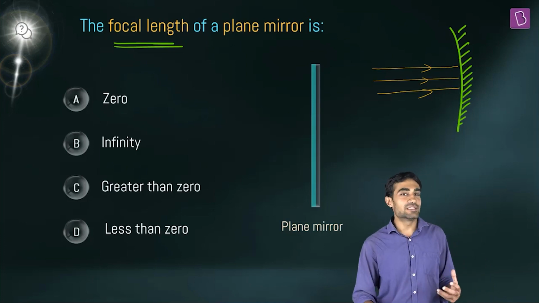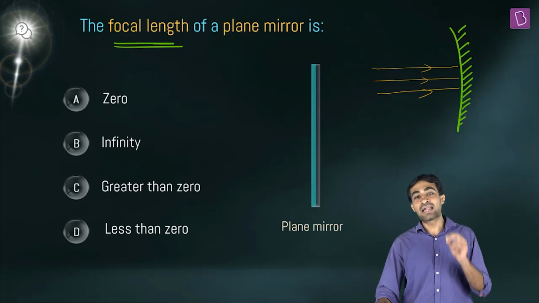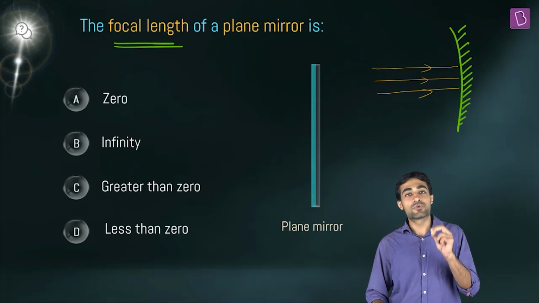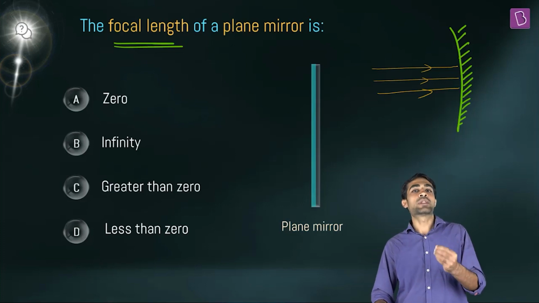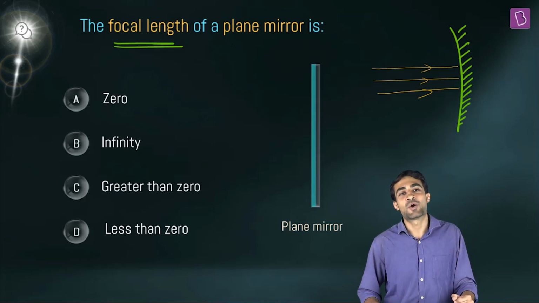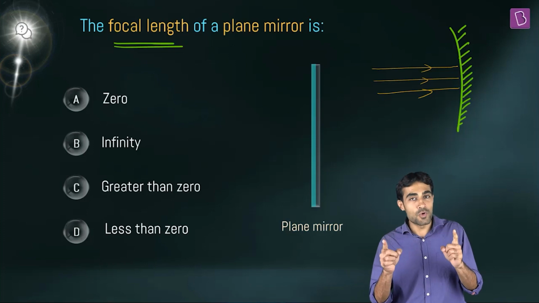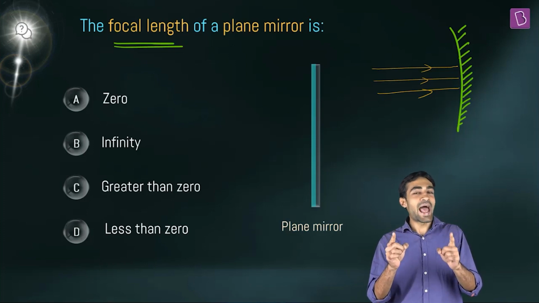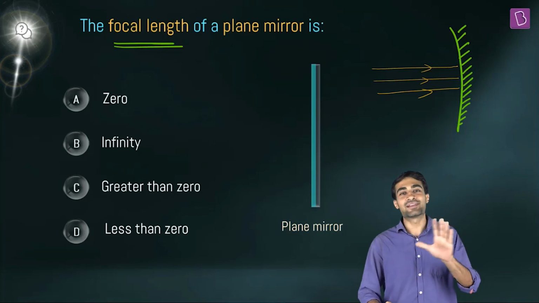After reflection, they might meet or appear to meet at a single point. That special point at which the rays after reflection meet or appear to meet is known as the focus of these mirrors. So the distance between the focus and the pole of the mirror is known as focal length. Amazing. We got the concept of focal length very clear to us.